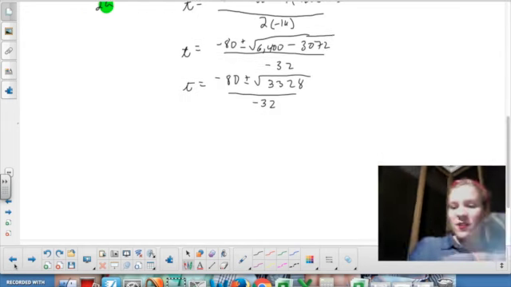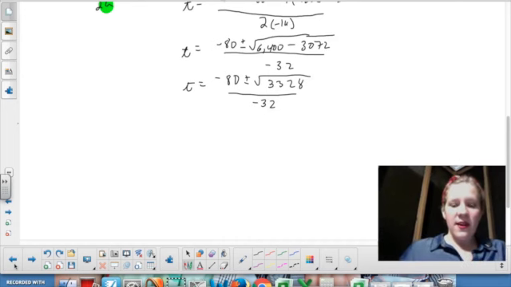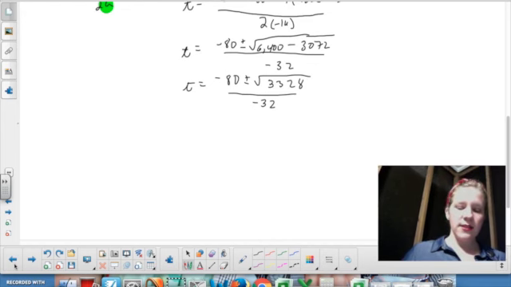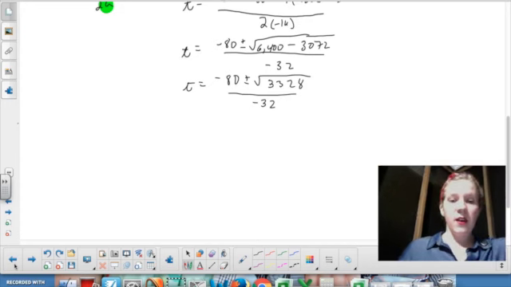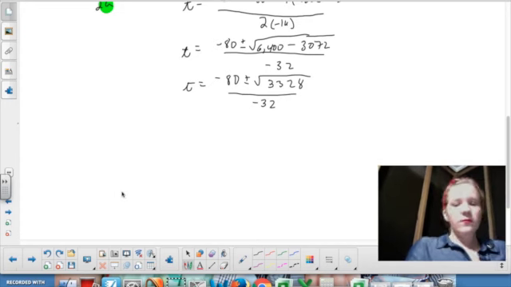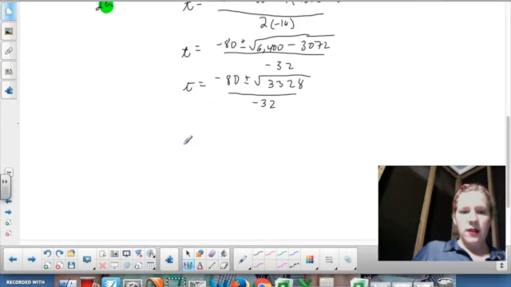Okay, I had to break out the real calculator for this one because the square root of 3,328 is not a perfect square. It simplifies to 16 times the square root of 13. So that means now my equation is negative 80 plus or minus 16 root 13 over negative 32.